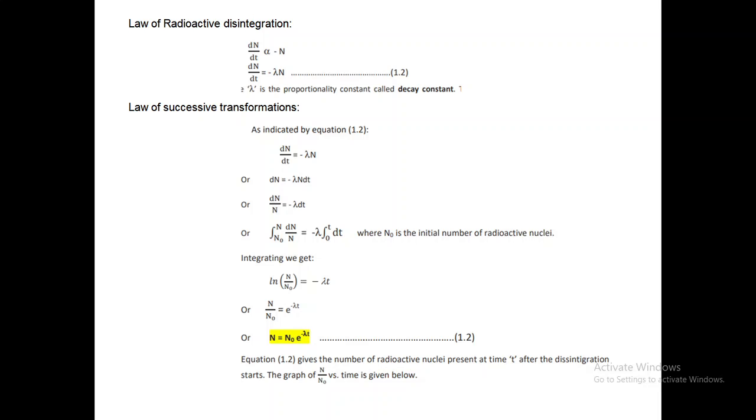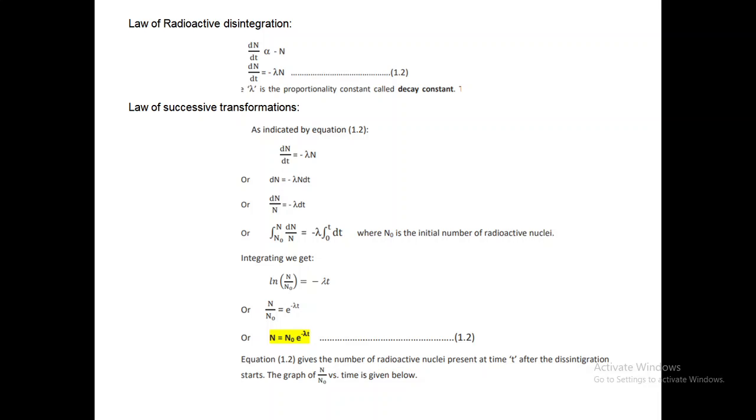Therefore, if we integrate it, dN over N from N0 to N, and minus lambda integration 0 to t dt, where N0 is the initial number of radioactive nuclei, after integrating, we find ln(N/N0) is equal to minus lambda t.